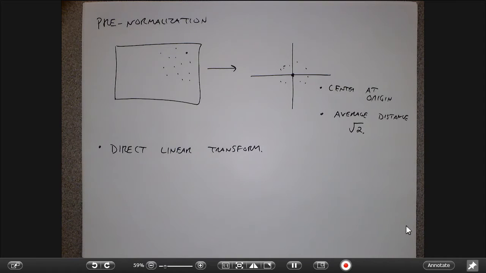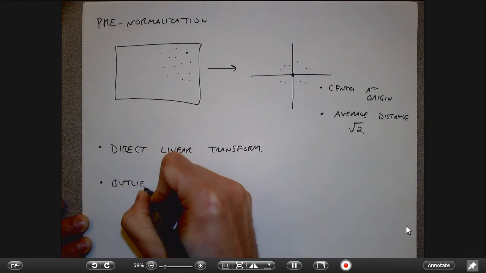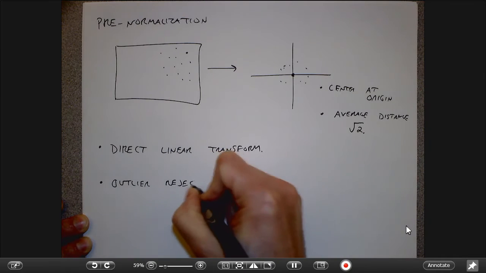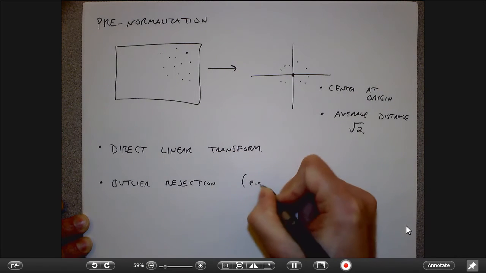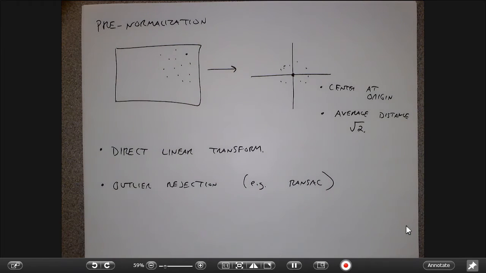And one thing that you often see is what's called RANSAC. If anyone's ever heard of RANSAC, this is for outlier rejection. In a very broad sense, what RANSAC does, it says, okay, for example, if I'm estimating a projective transformation, I need to have 4 matching pairs of points, right?